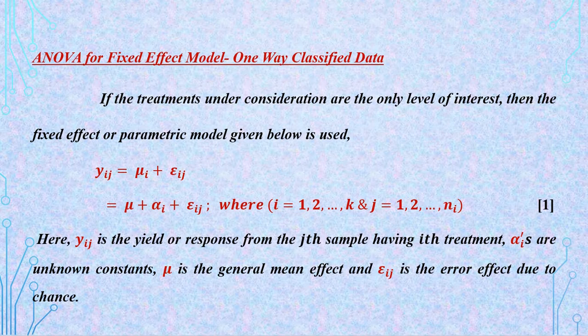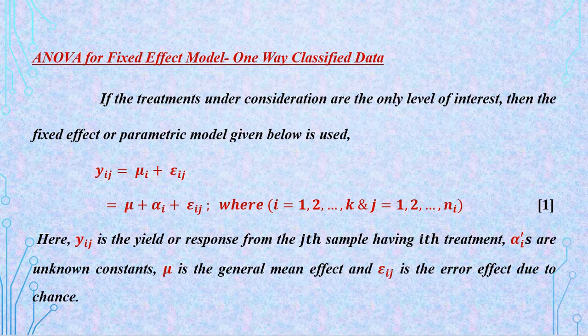If the treatments under consideration are the only levels of interest, then the fixed effect or parametric model is used, which is given below as Yij = mui + epsilon ij, which is equivalently written as mu + alpha i + epsilon ij, where i takes the values 1, 2 up to k and j takes the values 1, 2 up to ni.